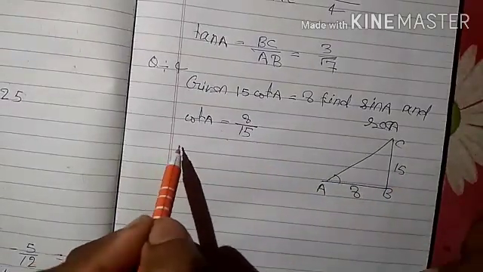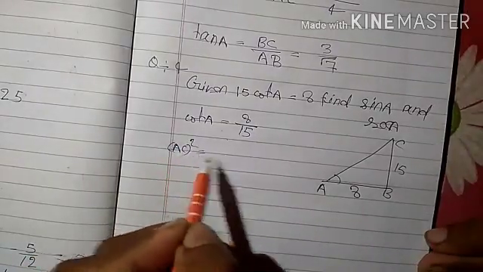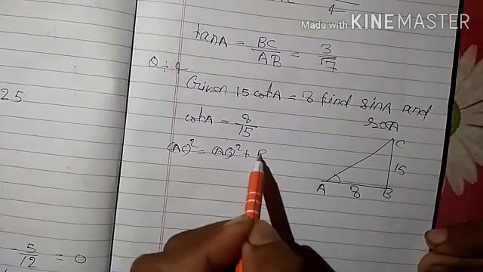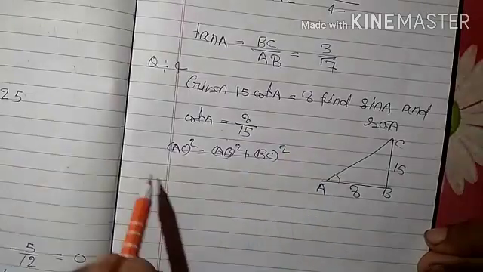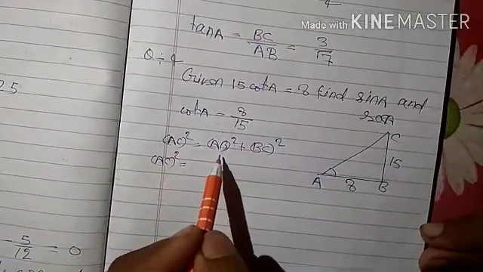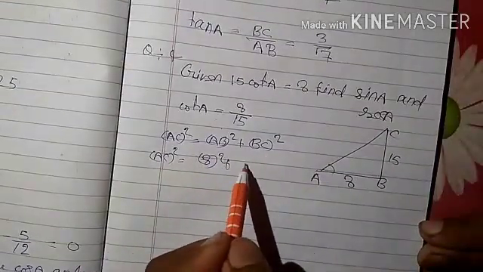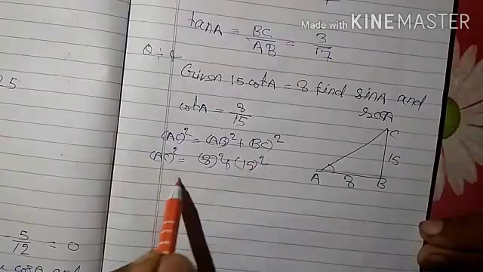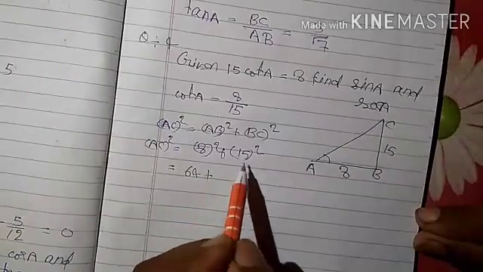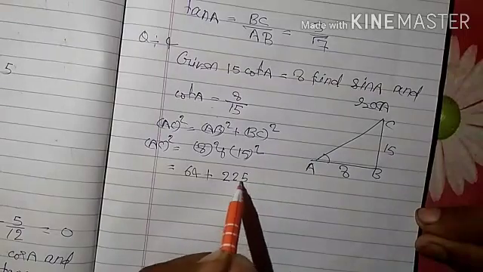By Pythagoras theorem, hypotenuse square, that is AC square, is equal to AB square plus BC square. So AC square is equal to 8 square, that is 64, plus 15 square, that is 225.